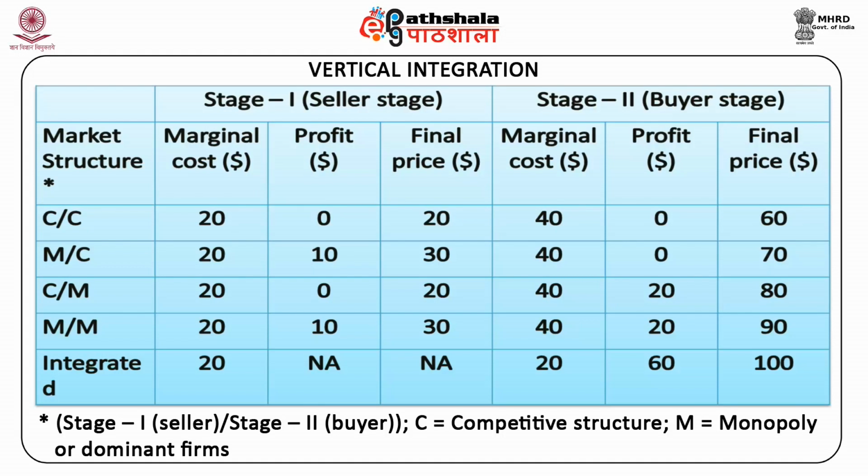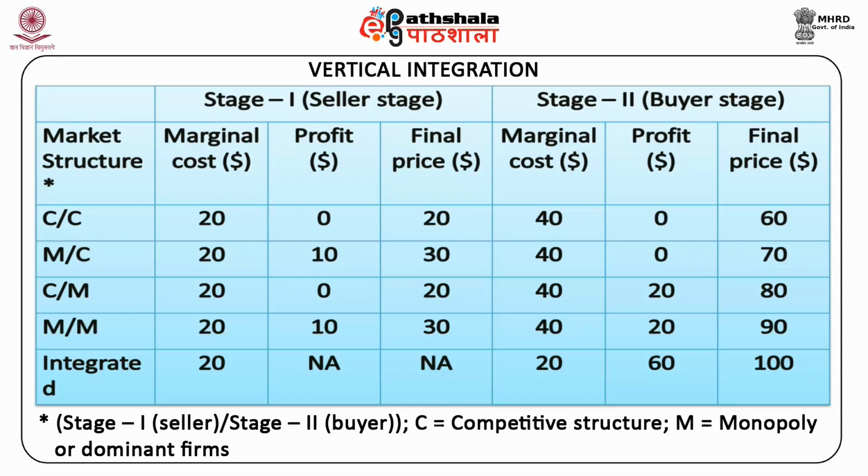Fourth, with market structure 4, where both stages are monopolies, the final price is now 90, which is the sum of the monopoly prices in both the stages, with both firms earning monopoly profits.